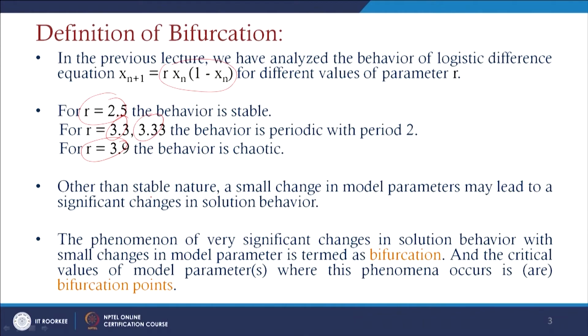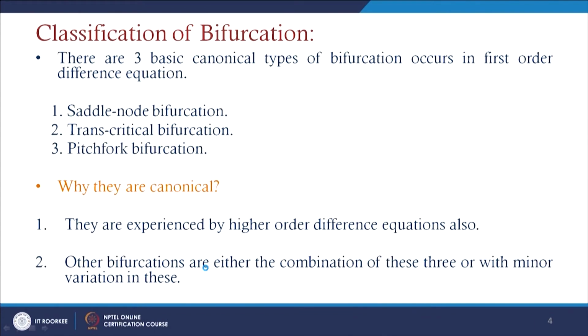This phenomenon of very significant changes in solution behavior, whenever we take a small change in the model parameter, is called bifurcation. The critical values of the model parameter where this phenomenon occurs are called bifurcation points. Different formulations or methods have been used to determine these bifurcation points.